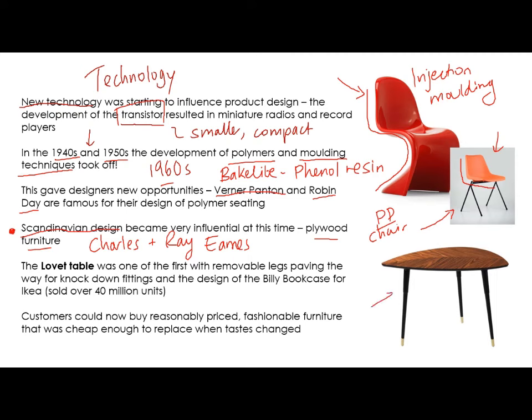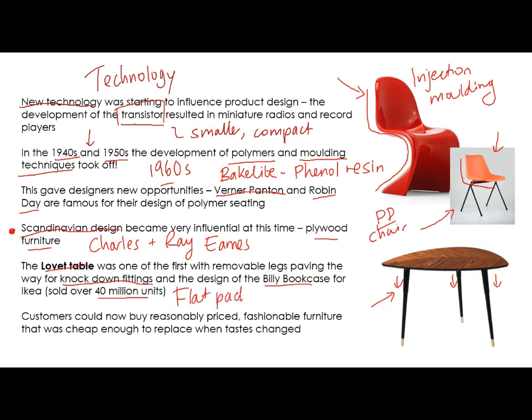And this table here, the Lövet table, was one of the first with removable legs. The guy who designed this table actually designed the Billy bookcase for IKEA, which sold over 40 million units, and he paved the way for knockdown fittings, which are simplified fittings you can use on furniture, which means it can be flat pack.